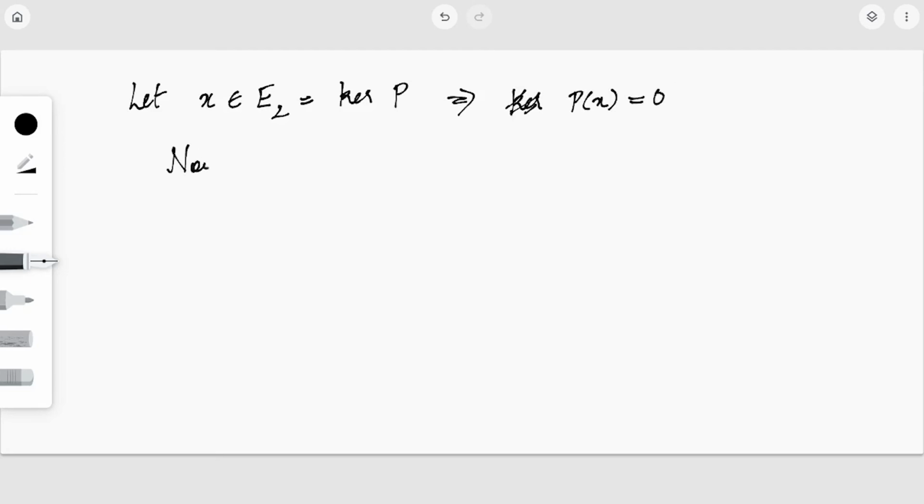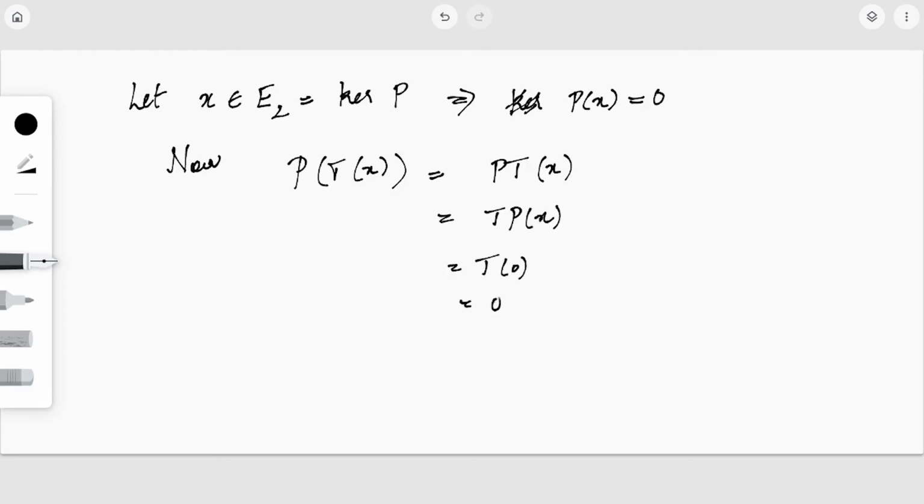Now P of T of X is nothing but PT of X, right? So this is again T P of X, this is T of 0, and this is 0. So I get P of T of X is equal to 0, right?